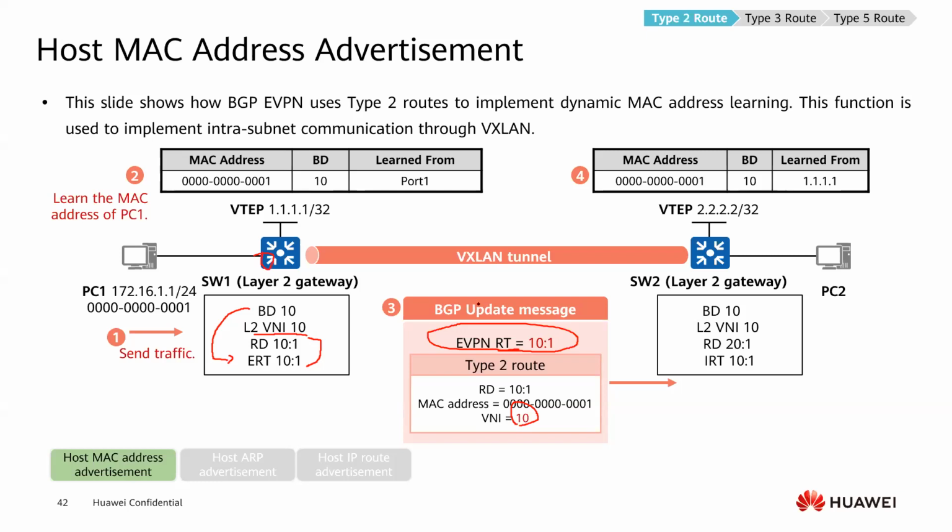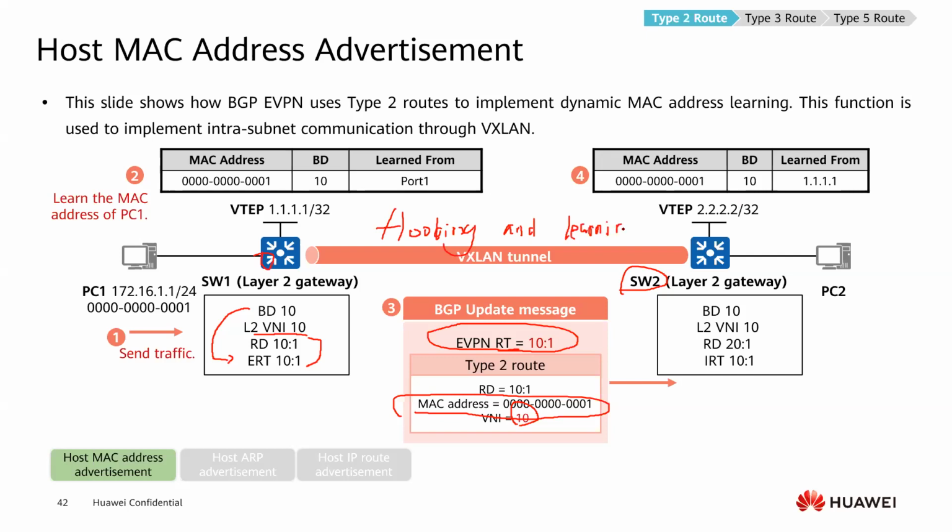If it can find one, it will install the MAC address carried by the type 2 route into its local MAC address table. So you find that switch 2 will install the MAC address into its MAC address entry, and now you will find that we don't have the process of forwarding and learning.